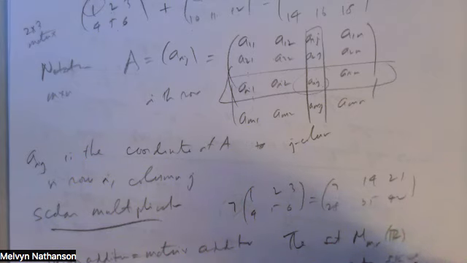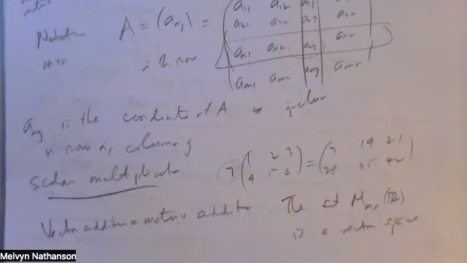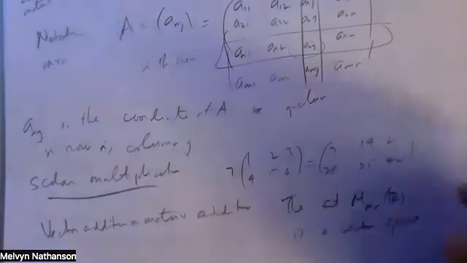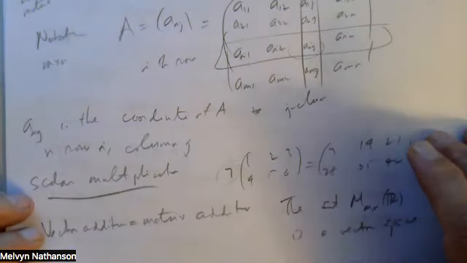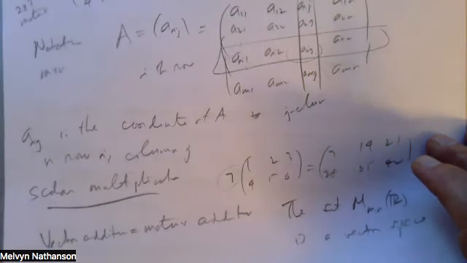The vector space simply means you can add the elements, the elements are matrices. You can multiply by a scalar, and all the usual properties of addition and scalar multiplication that hold for vectors in Rn also hold for matrices.